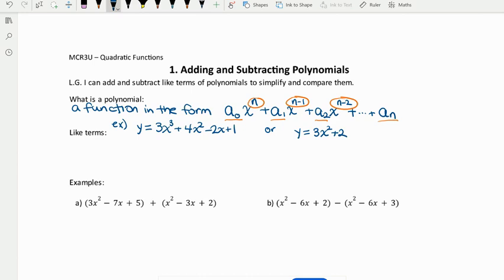Okay, and what are like terms? These are any terms that have the same exponent on the variable.